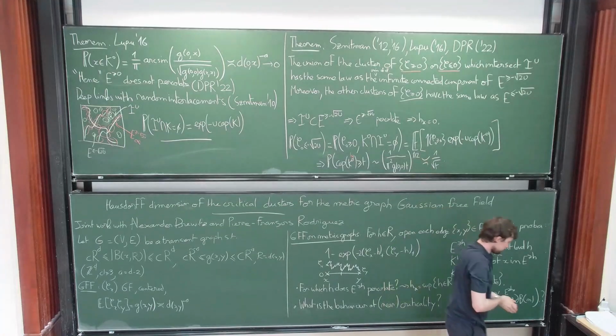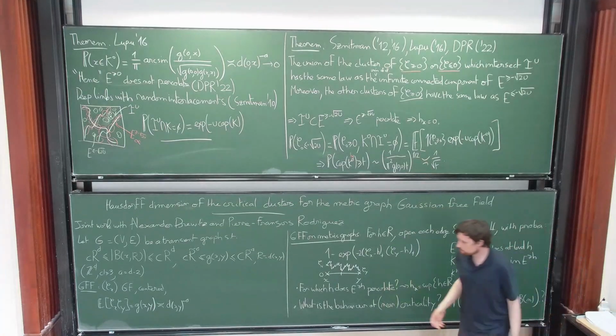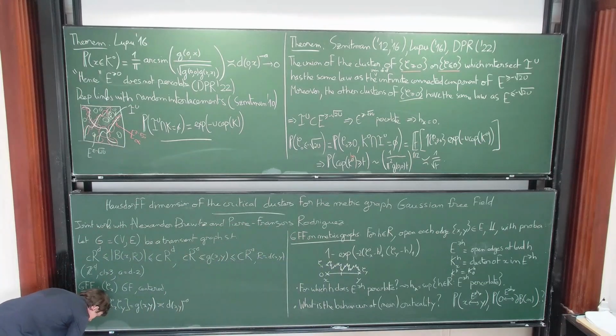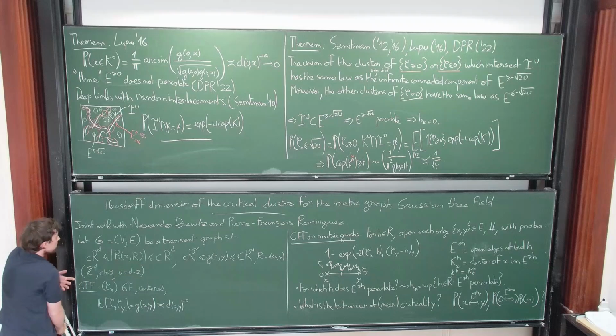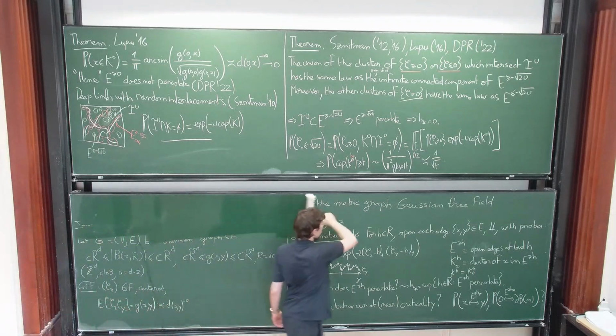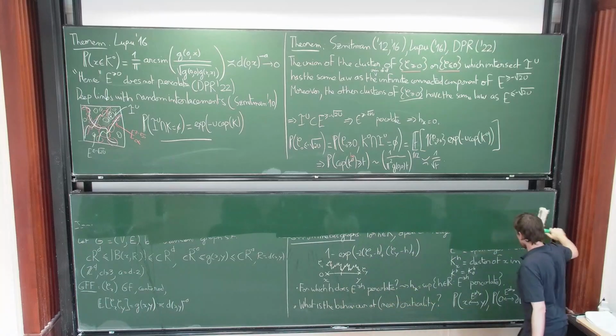But of course, this capacity is not the quantity that one is used to looking at, as much as, let's say, the two-point function, or the radius of a cluster, or the volume of a cluster. And so one would like to also understand other quantities.